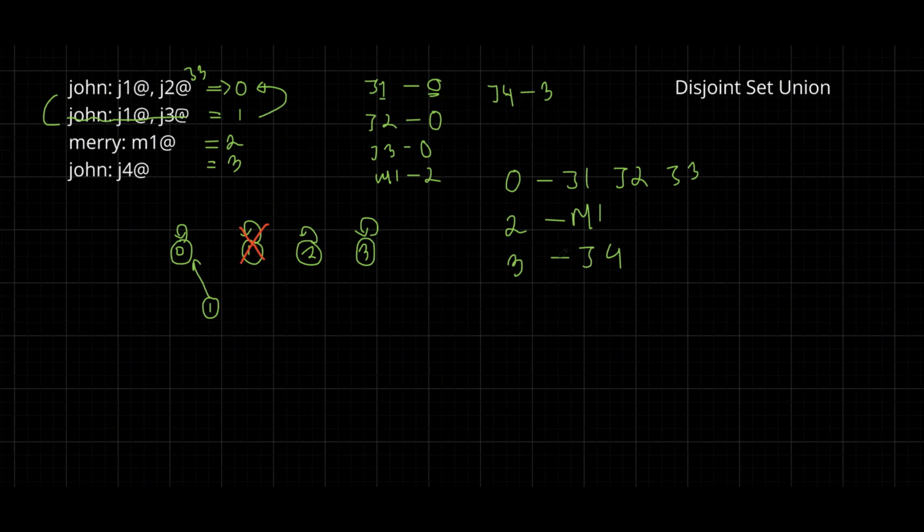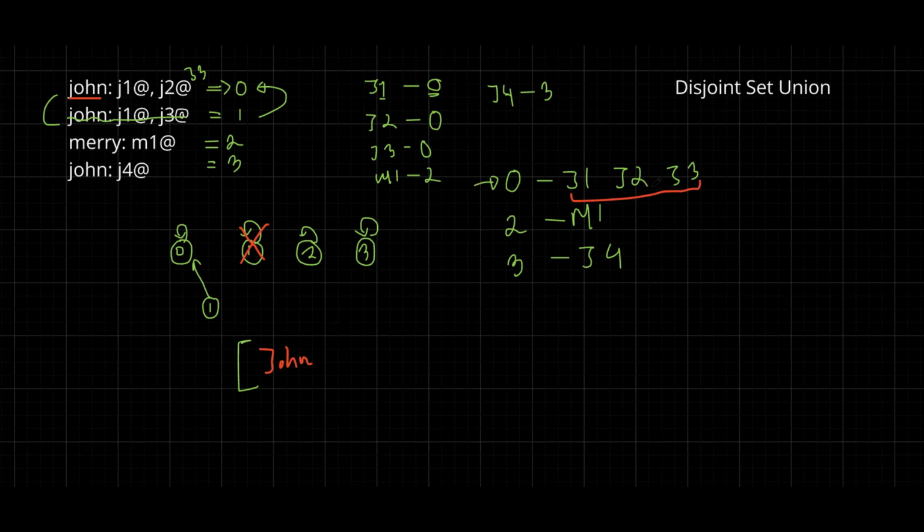Now, what is the desired output? The desired output will be something like this. What is the key here? It is 0. So, at 0, we have the value John. So, we will add John here. And what are the remaining emails?